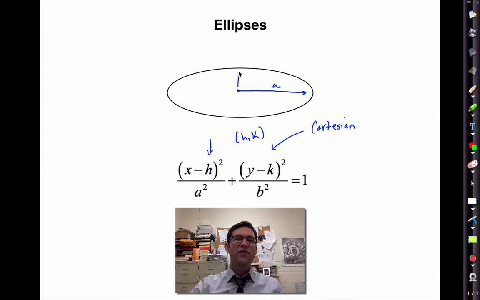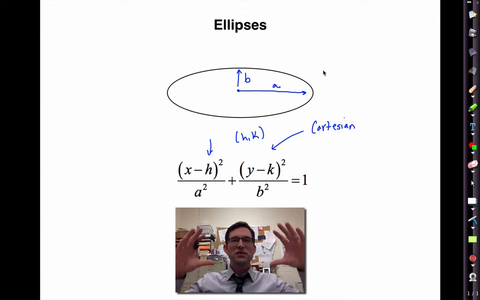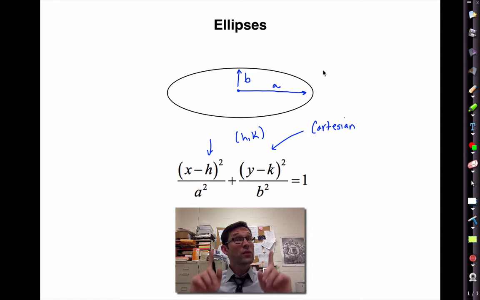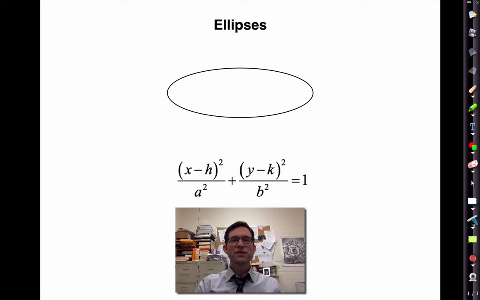So a, if you will, is sort of the radius in the x direction. b, if you will, is the radius in the y direction. See, all an ellipse really is, is a circle that's been squished or dilated. Or all a circle is, is a specialized ellipse. It's kind of like an ellipse is to a rectangle as a circle is to a square, if you kind of follow.